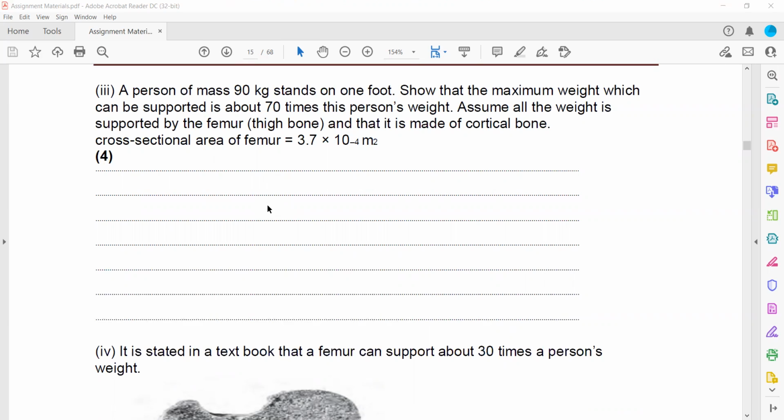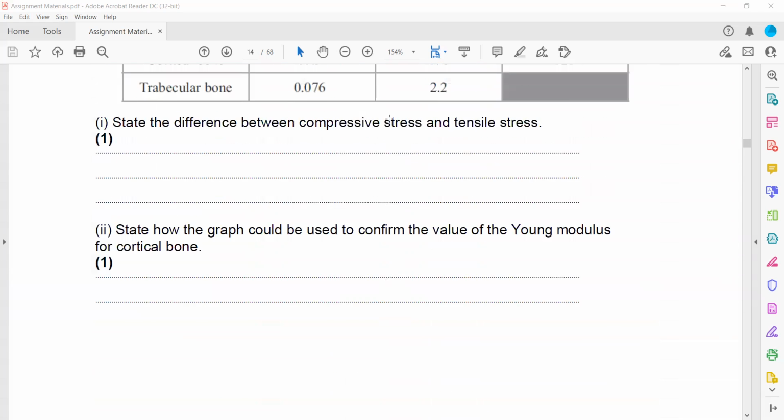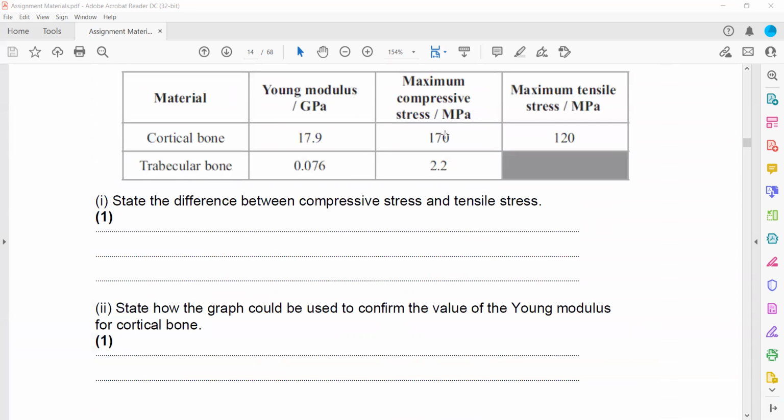The cross-sectional area is given, which is 3.7 × 10^-4. So first we have to use the table, because for cortical bone, one is the maximum tensile stress, another one is the compressive stress, and the Young's modulus is also given.